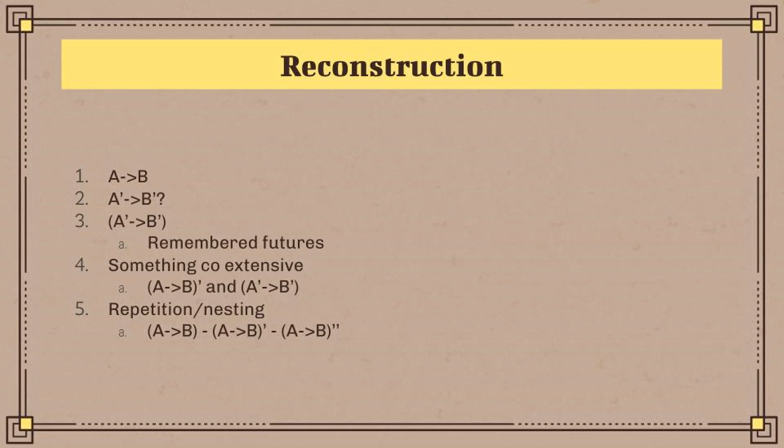And then on repeated memories, you just have the initial happening, then you have the memory of that happening, then you have the memory of that happening, and you can just continue that ad infinitum.